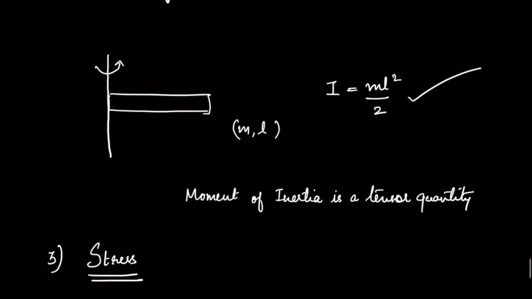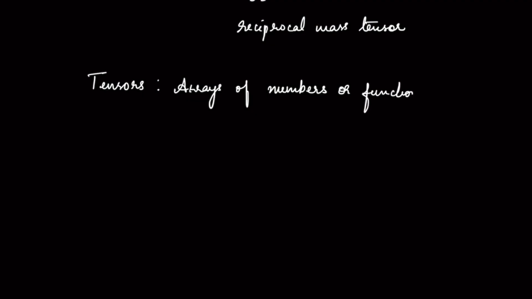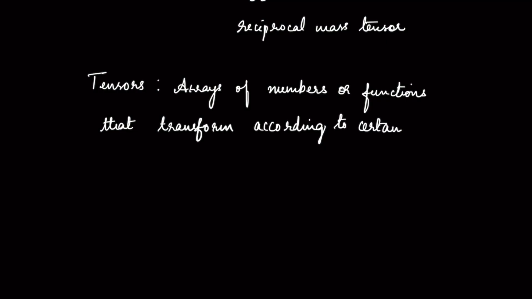So mathematically, we can define tensors as arrays of numbers or functions that transform according to certain rules under a change of coordinate.